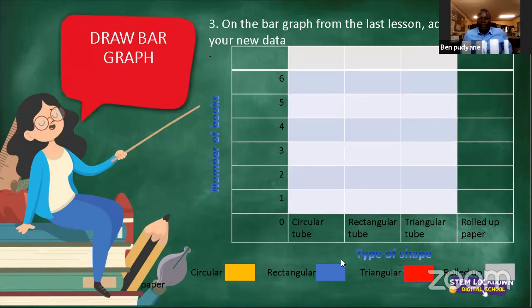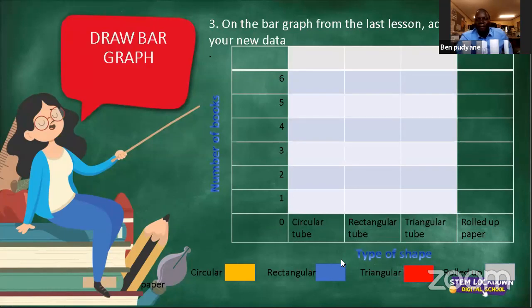So I also have the legend. Do you see the yellow color, the blue color, the triangular, and the rolled up? If you have the yellow crayon, you use the yellow crayon for the circular up to number 7. You make the bar up to that number.